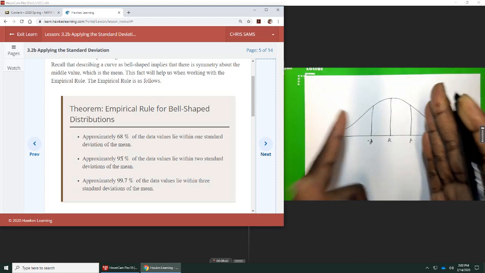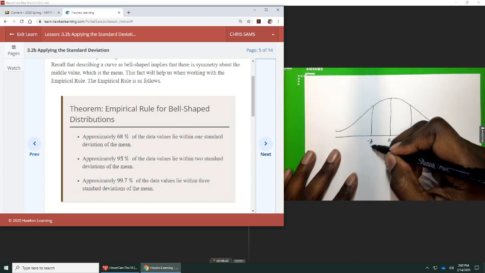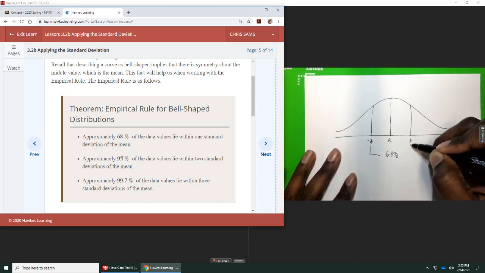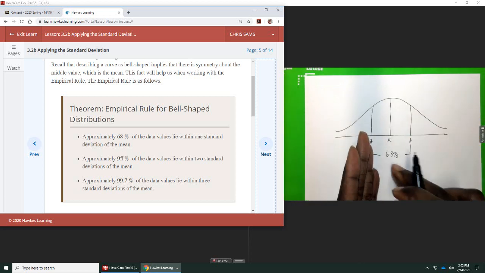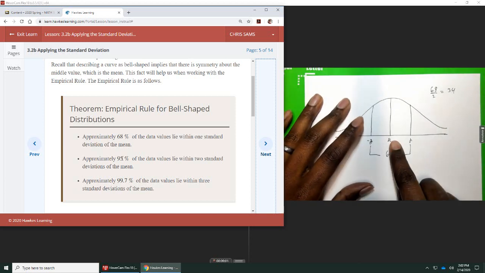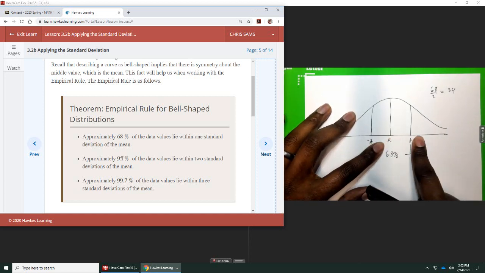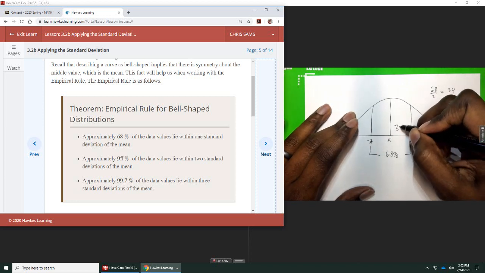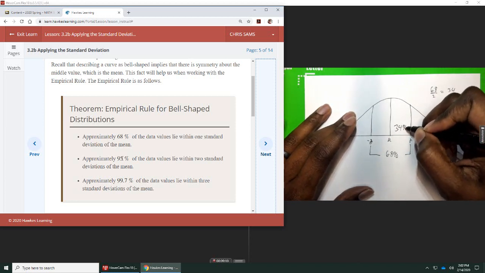You know that this middle piece right here is 68. So if you take 68 and divide it in half, 68 divided by 2, you would get 34. So what that's telling you is if you start in the middle and you go 1 standard deviation either left or right, both of these pieces represent 34%.